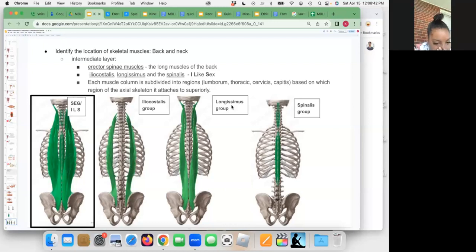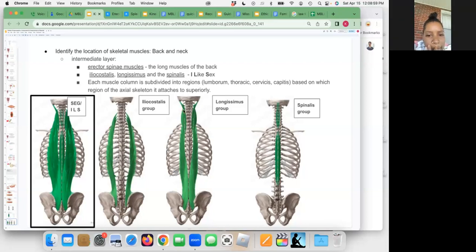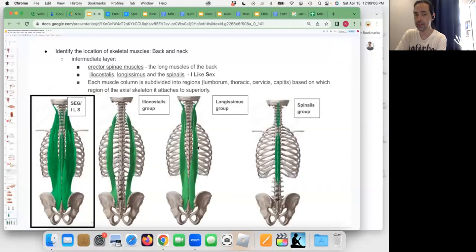So for the longissimus capitis, where would you expect to see attachments? The one place you would definitely expect to see attachments for the longissimus capitis would be at the head, correct? Right. And then for the longissimus cervicis, the one place you would expect to definitely see attachments would be where? Cervicis means what? The neck area?